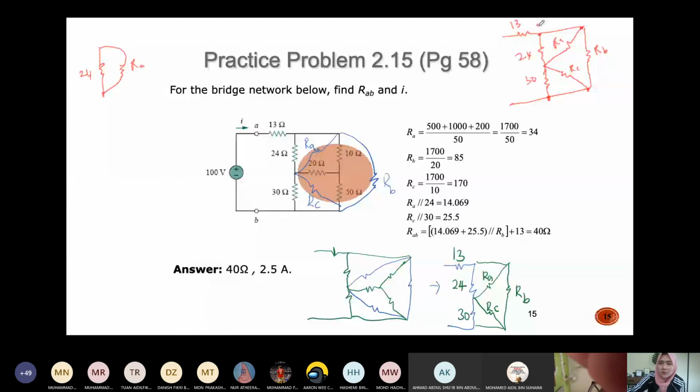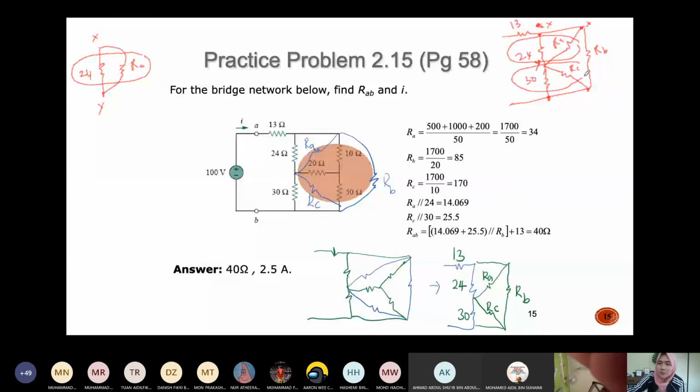Because this is node A. For example, this is node X. This is not X. This is not Y. If I redraw this part, this is actually in parallel. So that's why I said that RA and 24 ohm is in parallel.